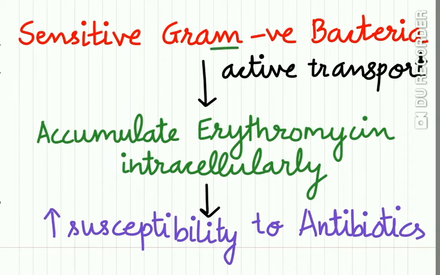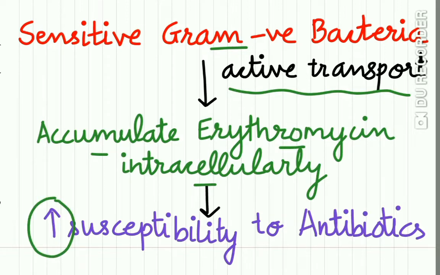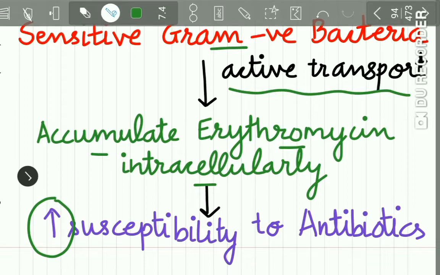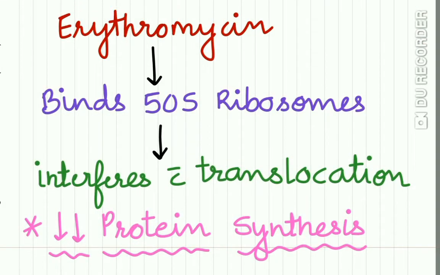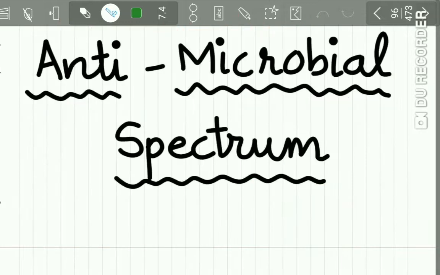Now, the bacteria which are sensitive to erythromycin, namely the gram-negative bacteria, accumulate erythromycin intracellularly through active transport, and this increases the susceptibility of the organism to the antibiotic. Erythromycin binds to the 50S ribosome and interferes with translocation. So, the mechanism of action of erythromycin is a decrease in protein synthesis in the organisms.